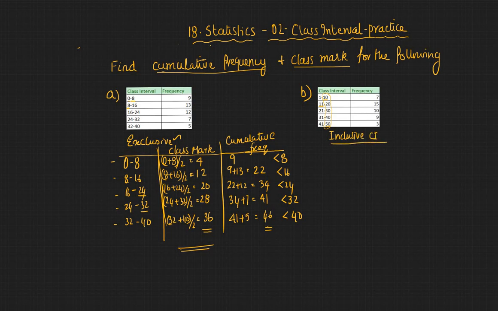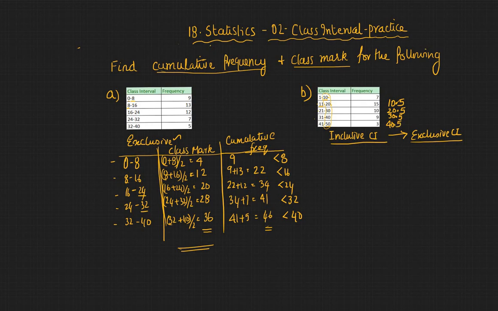Our first task is to convert this into an exclusive class interval. The way we do that is by finding the midpoint between 10 and 11, which is 10.5, the midpoint between 20 and 21, which is 20.5, similarly 30.5, and 40.5.